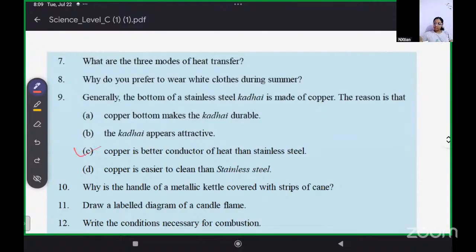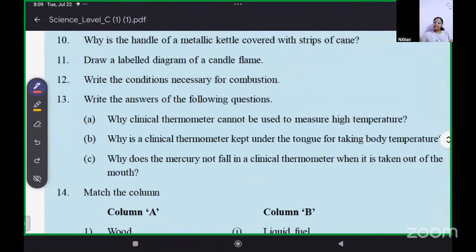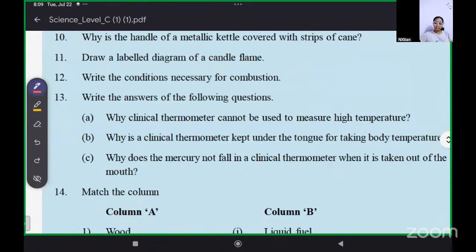Now, why is the handle of a metallic kettle covered with strips of cane? Yes, Abraham. Ma'am, I think the reason is for it to not conduct. So when the person touches the strips of cane, it doesn't conduct heat. And ma'am, the metallic kettle uses electricity, right? The electric kettle uses electricity.